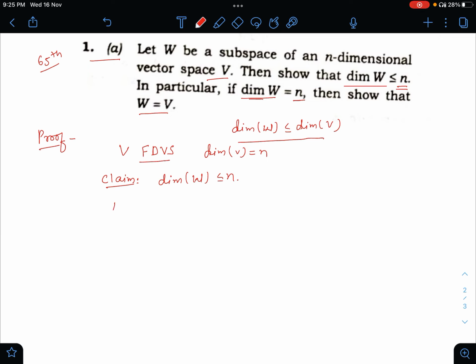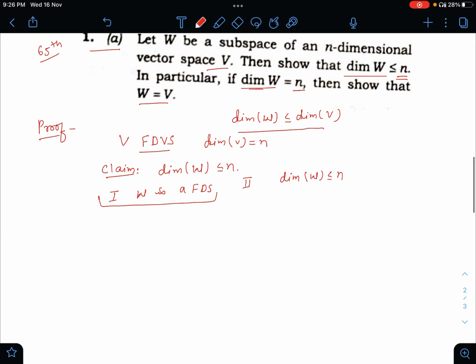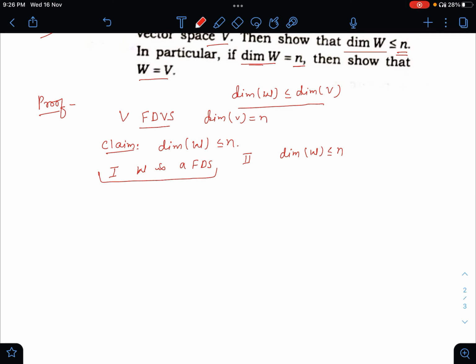First of all, we need to prove that W is a finite dimensional subspace, and second, that dimension of W is actually less than or equal to n. The first part we will prove by the method of contradiction. Let us assume that W is an infinite dimensional vector space.